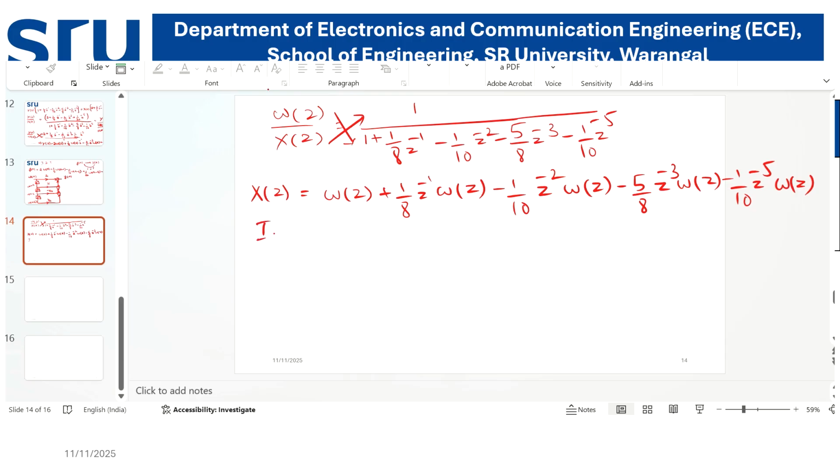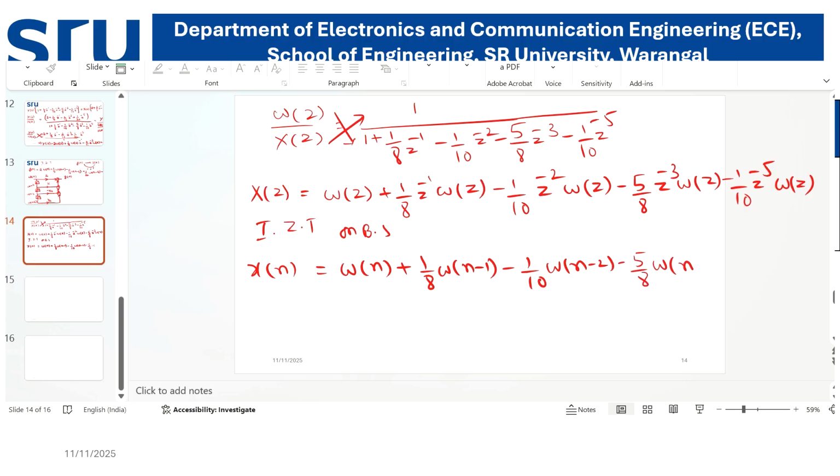Now apply inverse z transform on both sides. Then X of z becomes x of n equal to w of n plus 1 by 8 w of n minus 1 minus 1 by 10 w of n minus 2 minus 5 by 8 w of n minus 3 minus 1 by 10 w of n minus 5.